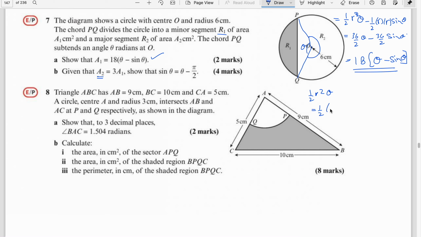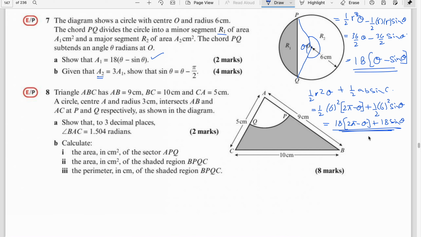In the case where r is 6, the angle is 2 pi minus theta for this complete section, and we add this triangle to it, which is 1 by 2 AB sine C. 1 by 2 AB again, that is radius, and sine of this angle, that is theta. Let's simplify a bit. 36 by 2 is 18 times 2 pi minus theta plus 18 by 18 sine theta.